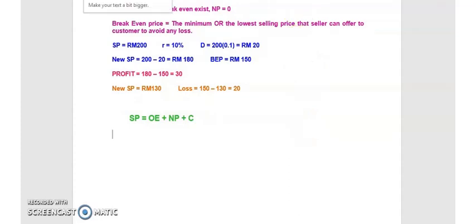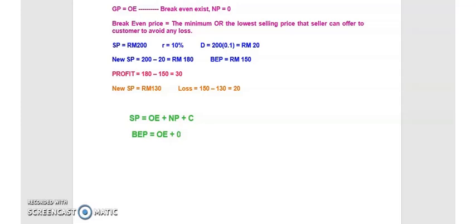We want to find the break-even price: SP for break-even price equals OE plus NP plus C. For break-even price, net profit equals 0, so substitute NP equal to 0.